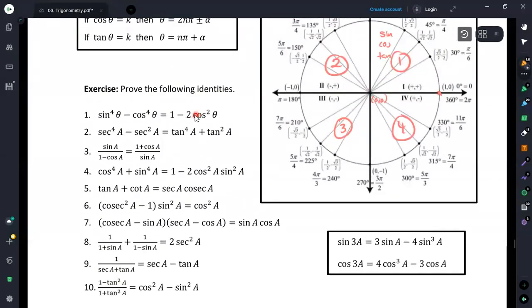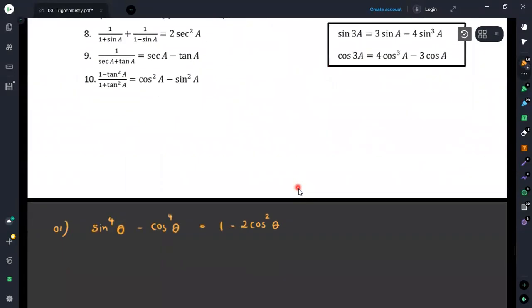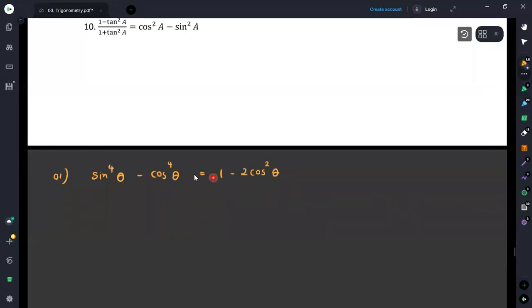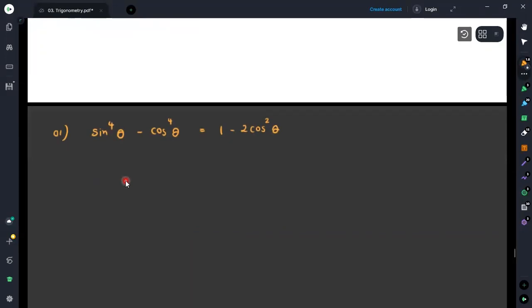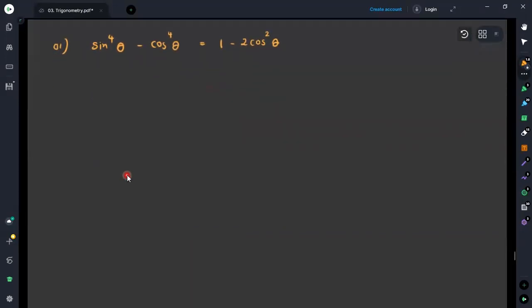To start this calculation, we can start from the left hand side of this equality or the right hand side of this equality.